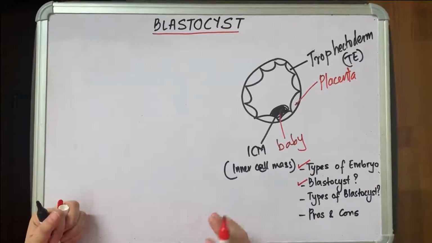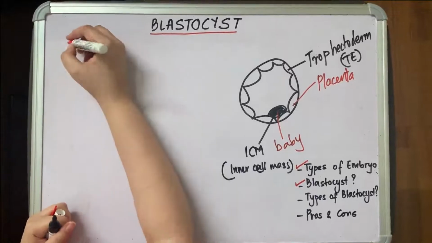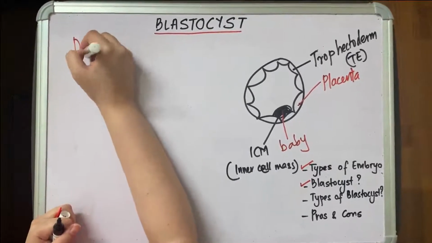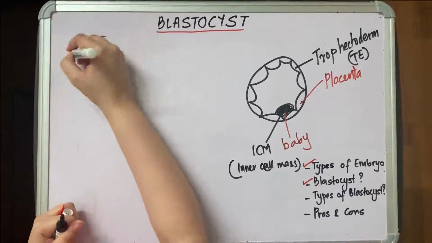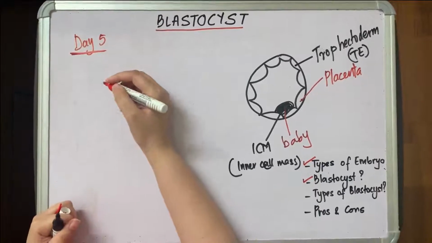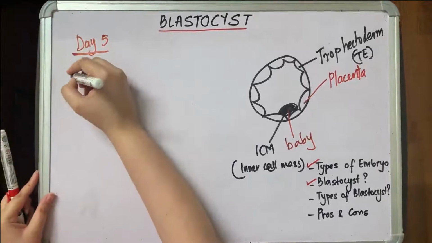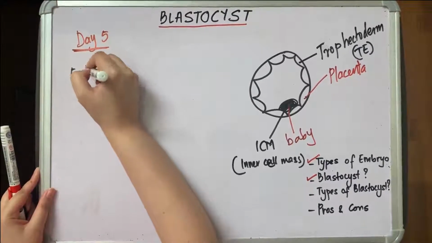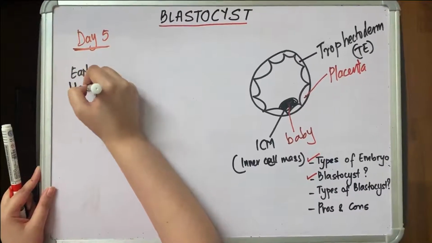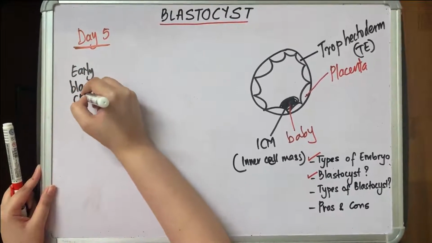Let's look at types of blastocyst. So what happens is, as soon as the embryo development hits day 5, you will see that the embryo is at a stage wherein it's something called an early blast, also known as EB.